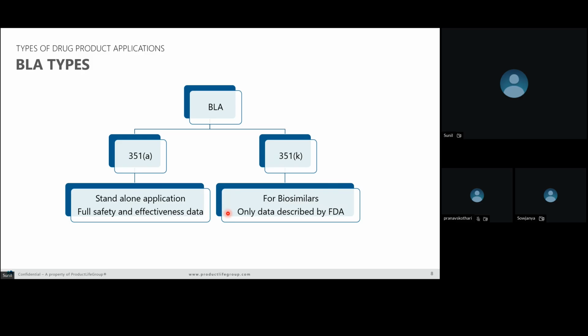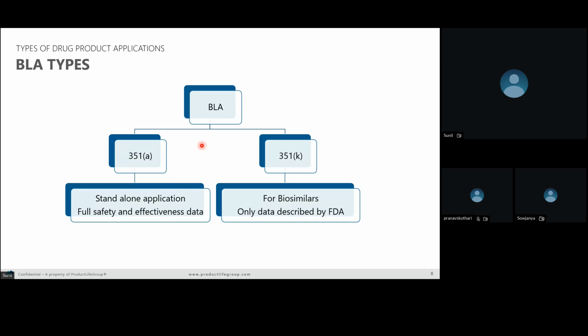That means the innovator is already in the market and you are bringing a similar copy. It is not called generic because in biologic products you cannot completely replicate. There are always going to be differences in the sequence of the molecule or something.